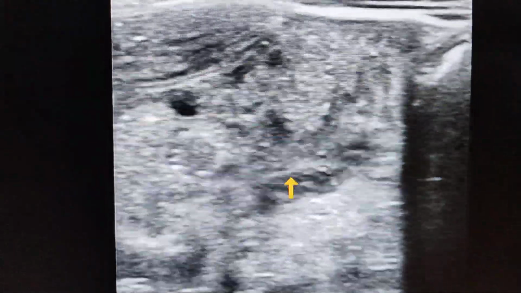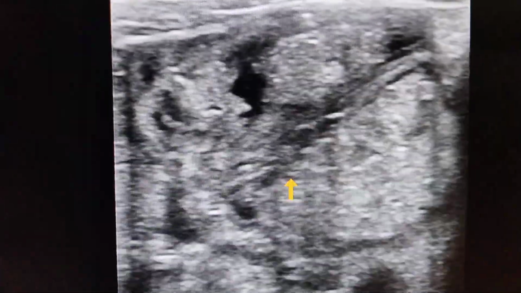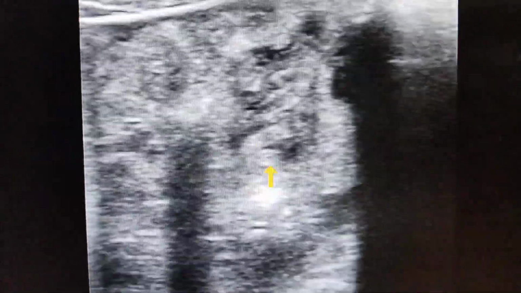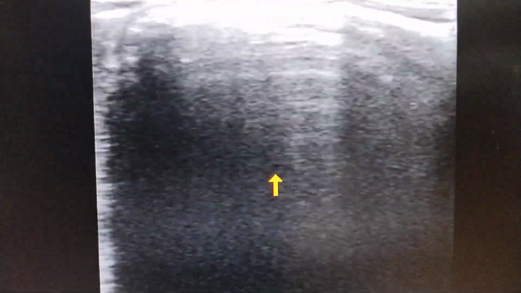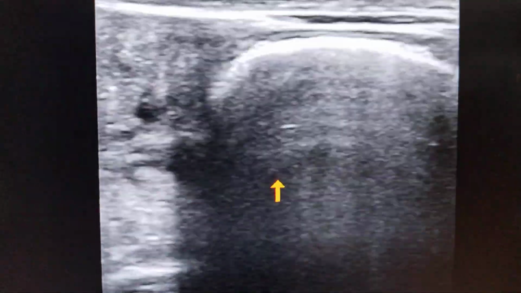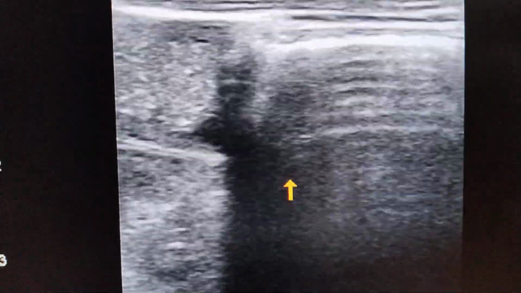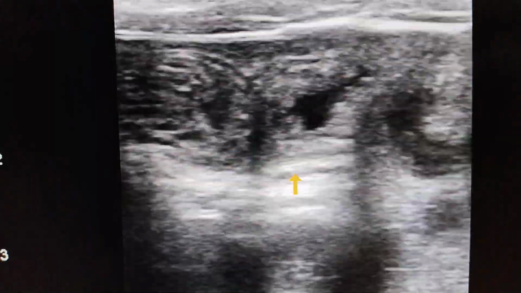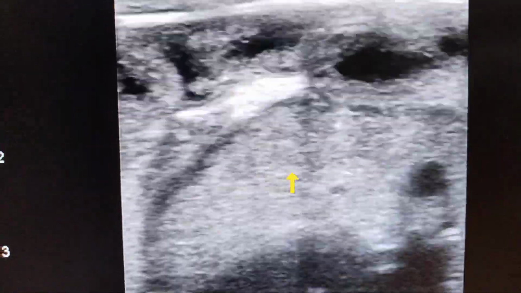Look here. The patient's abdomen is not tense, it is soft, no tenderness is seen. These are the large bowel loops which are gas filled, and this is the centrally placed small jejunum and ileum.